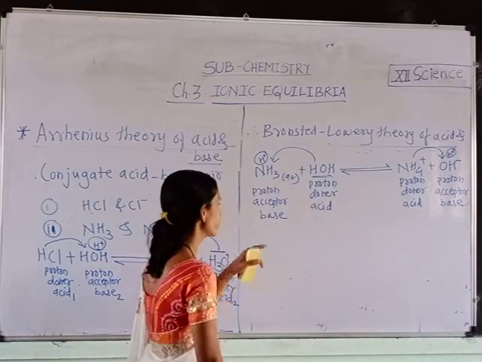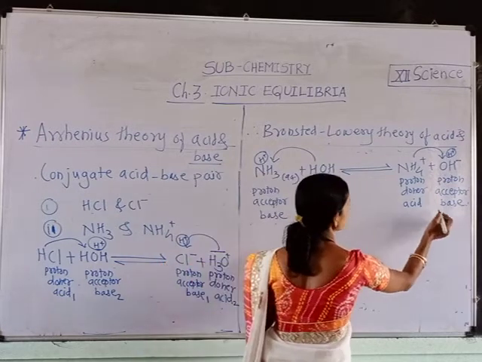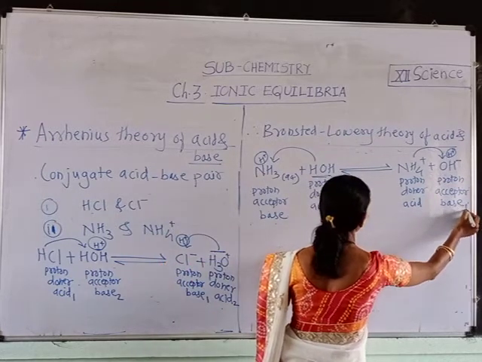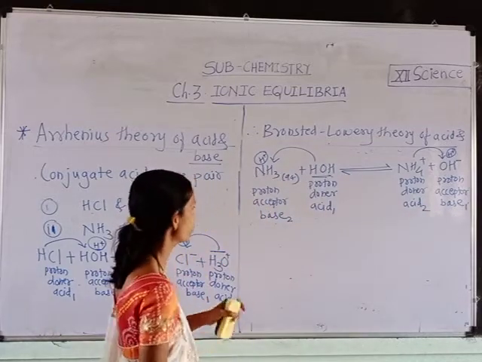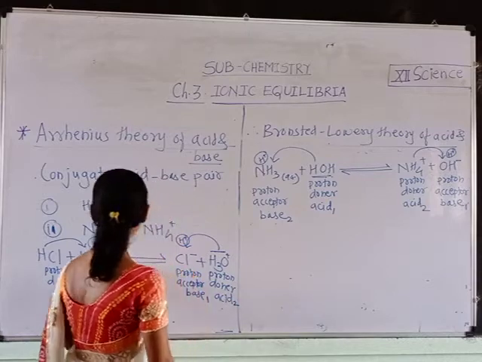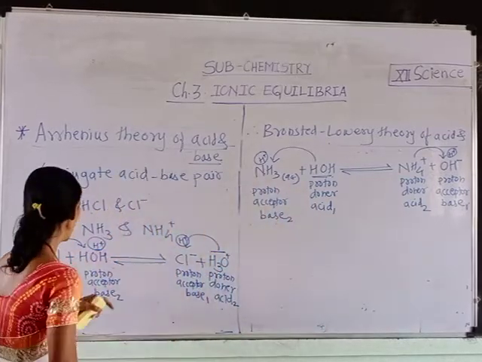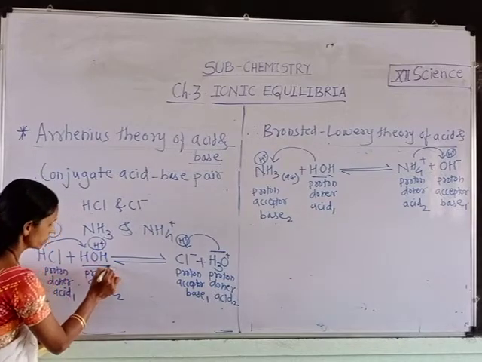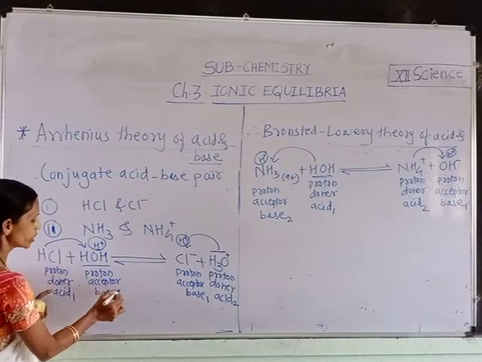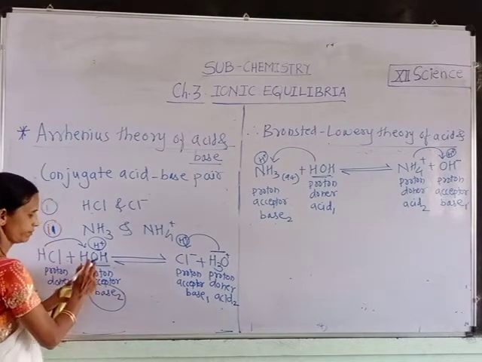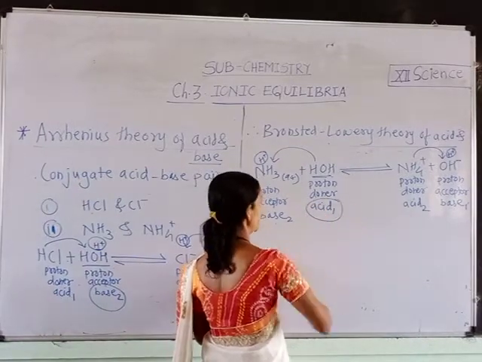Therefore one more conjugate acid-base pair, that is here acid 1 and base 1, acid 2 and base 2, are the conjugate acid-base pairs formed. Then see here in the two examples, in the first example, in this equilibrium, water is basic in nature, and in the second example, water is acidic in nature.